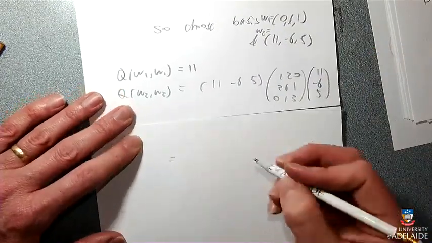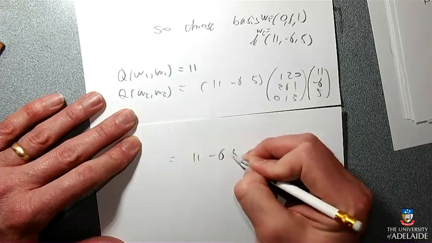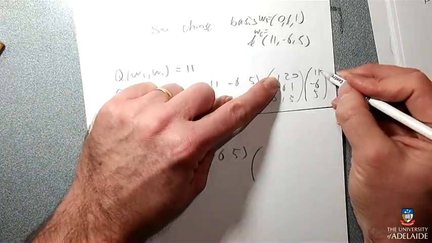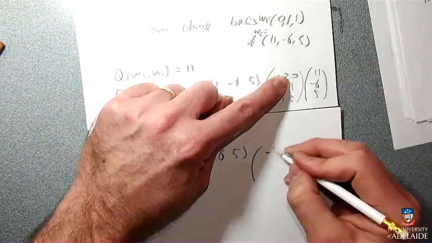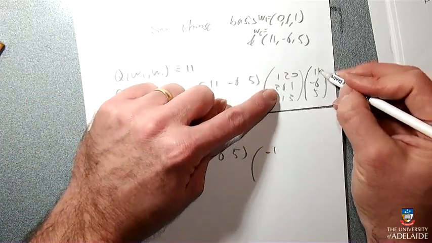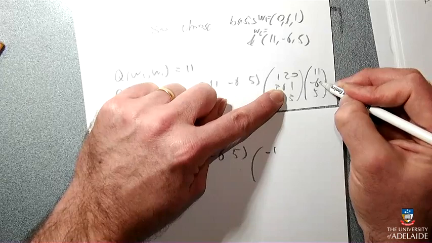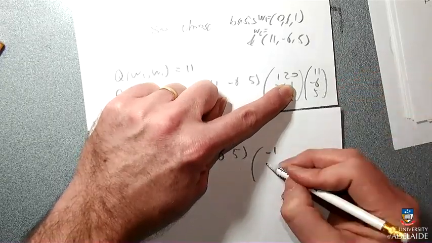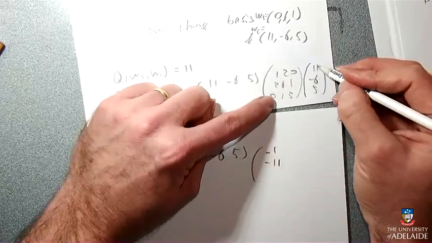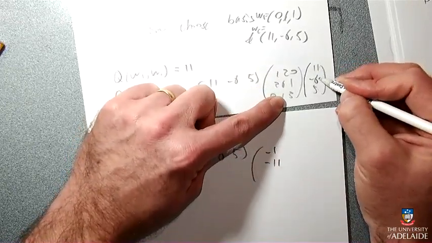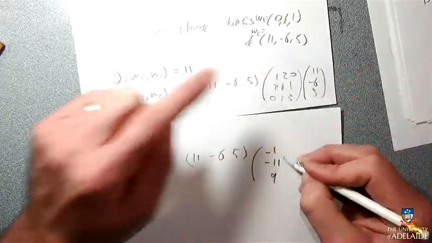which is 11 minus 6, 5, 11 minus 12, which is negative 1, 22 minus 36, which is minus 14, plus 5, which is minus 11, and 0 minus 6 plus 15 would be 9.